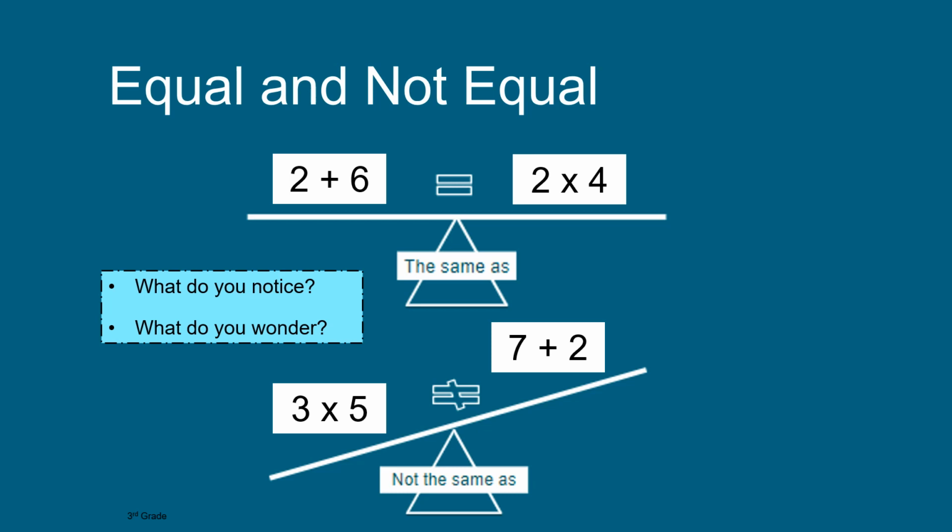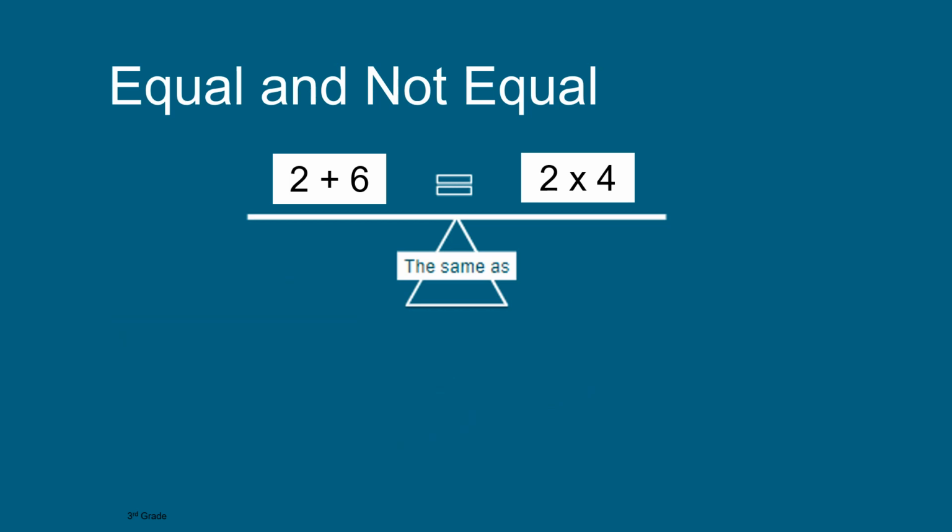Let's review the difference between an equal statement and a not equal statement. What do you notice? What do you wonder about these two balances? You might have noticed the following things about the top balance.